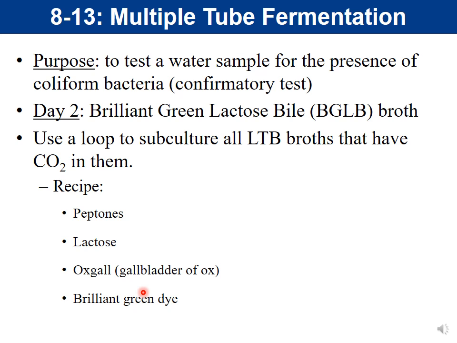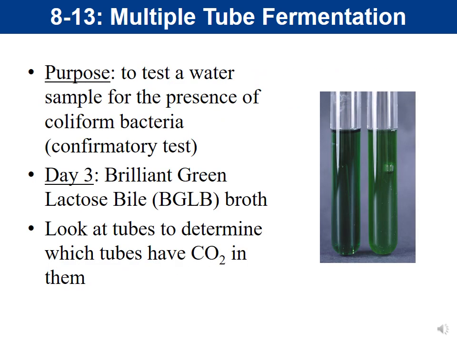They're there to inhibit gram-positive but allow for gram-negative. And again, a good rule of thumb is if it's a coliform test, the ingredients in there are always going to inhibit gram-positive because we want gram-negative bacteria to grow. So these two ingredients are selective. They inhibit the gram-positive bacteria growing.